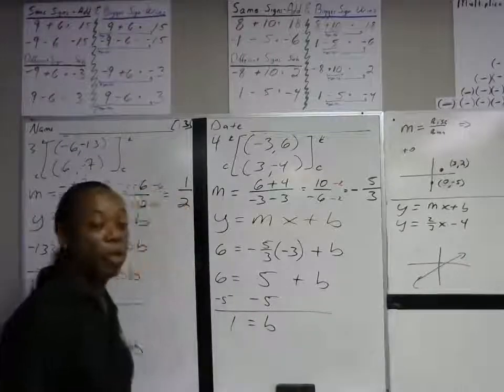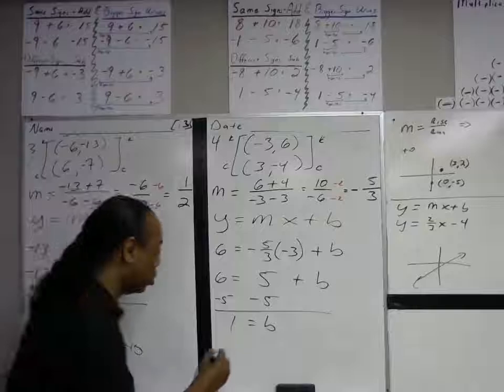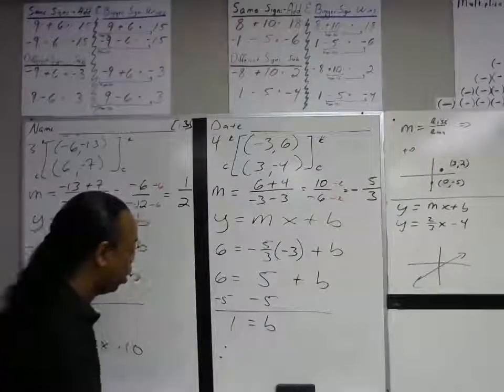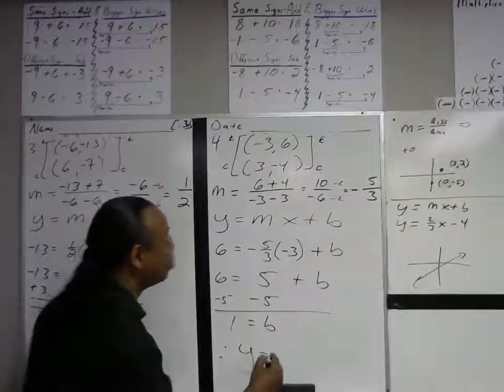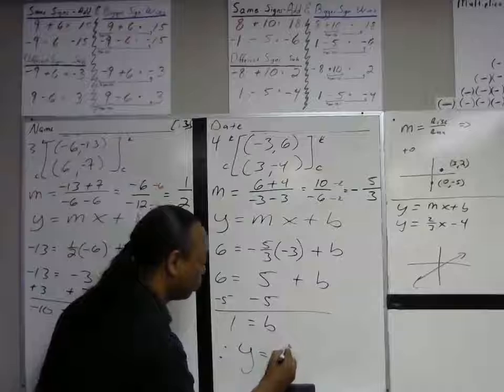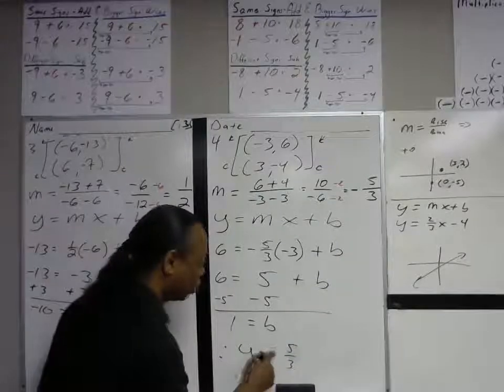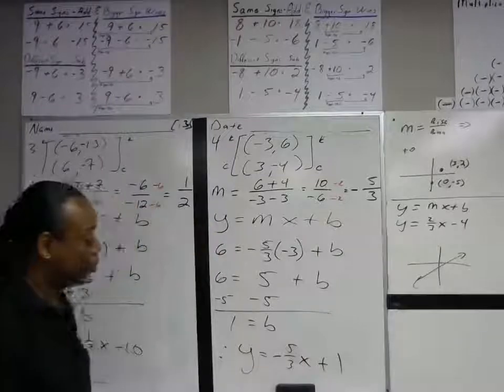Class, so B is 1. Therefore, our conclusion is, in math, y equals -5/3 x plus 1. And that's your equation.